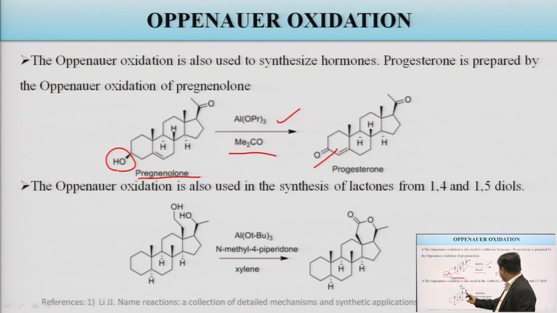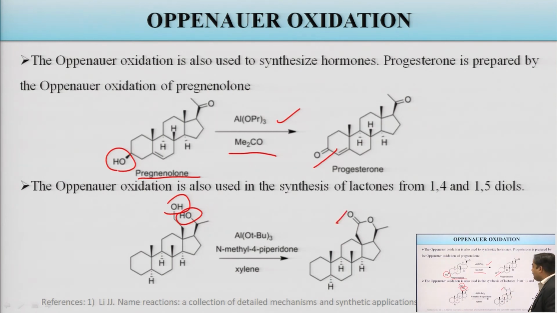You can see the diol is there, and both hydroxyl groups are now oxidized. One hydroxyl group is converted into the ketonic group, a C=O group is there now, and the other hydroxyl group is utilized in the formation of a lactone ring.